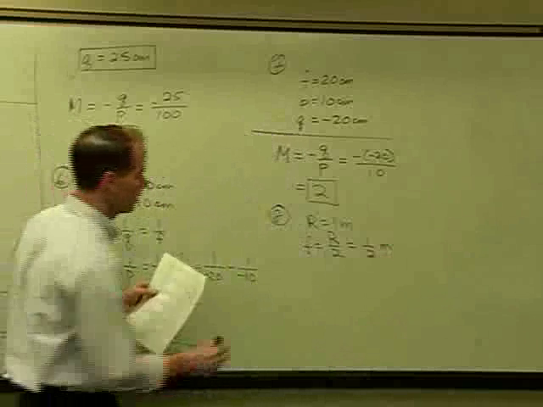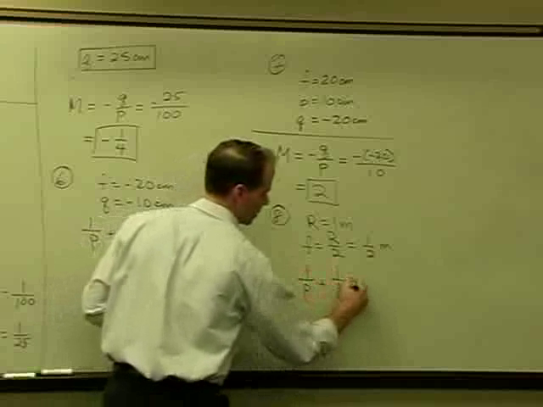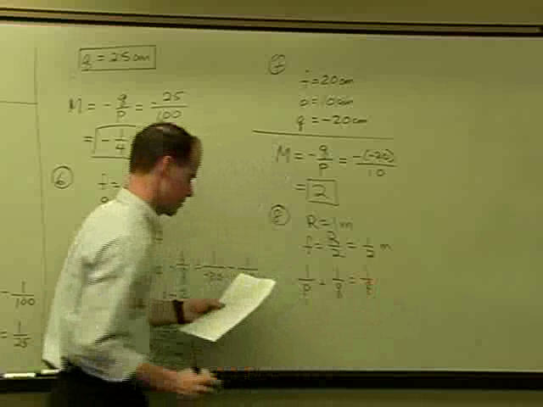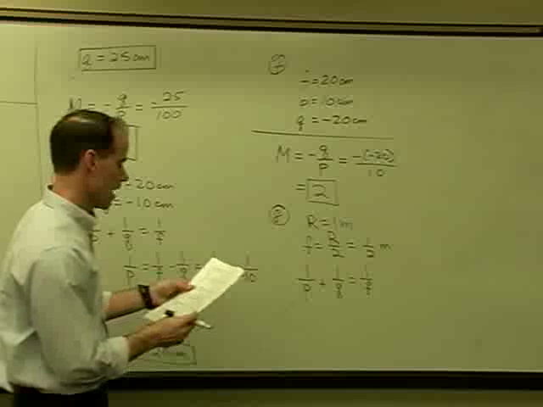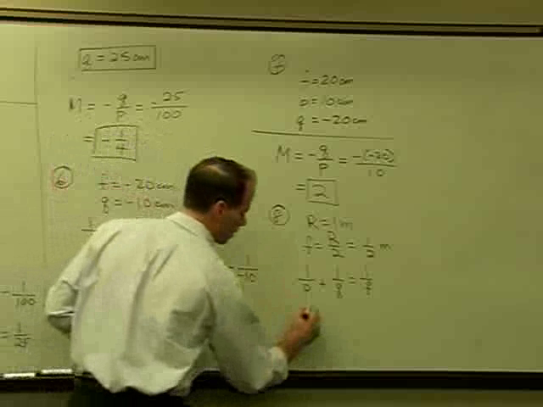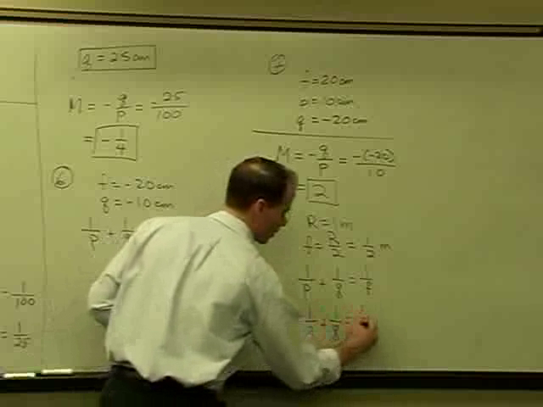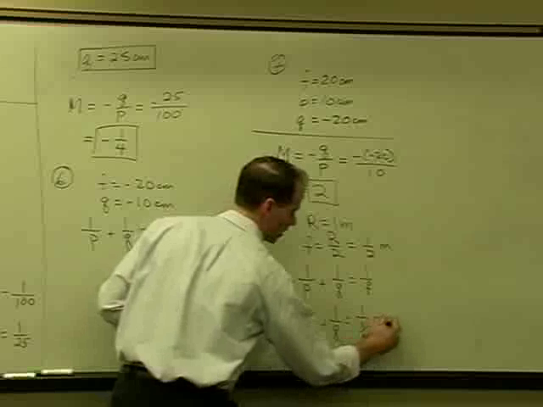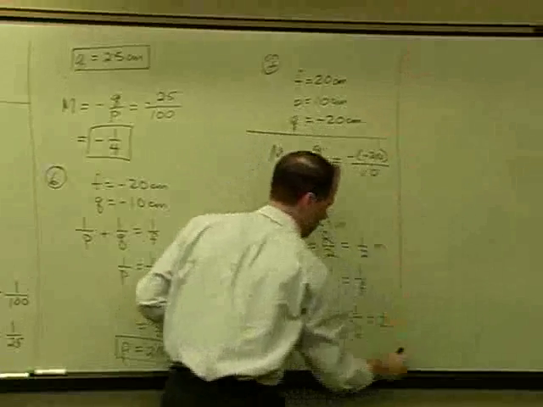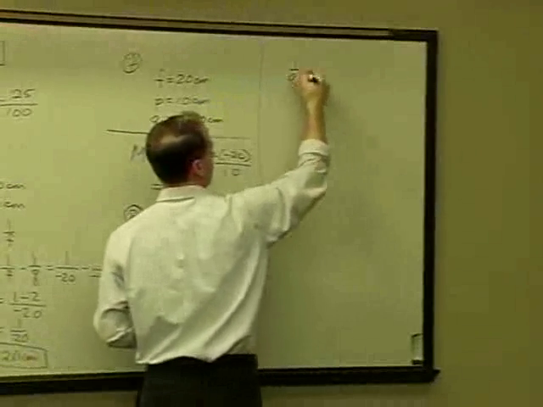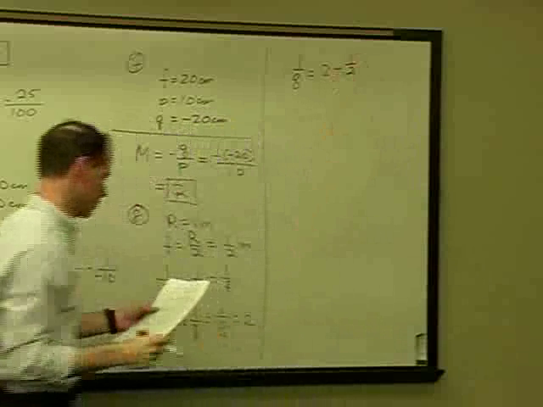And so we have 1 over object distance plus 1 over image distance equals 1 over focal length. And so we have, let's see, object is placed 2 meters in front. So we have 1 over 2 plus 1 over q equals 1 over 1/2, which would be 2. So 1 over q is going to be 2 minus 1 over 2.